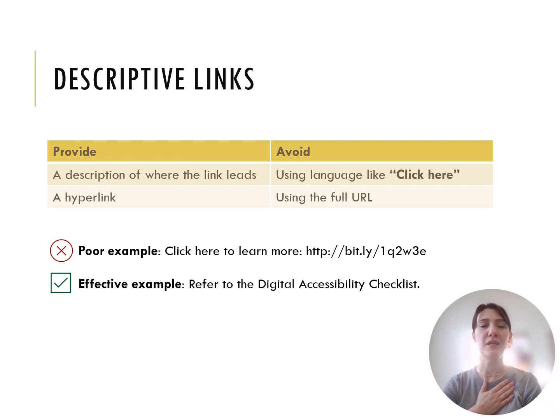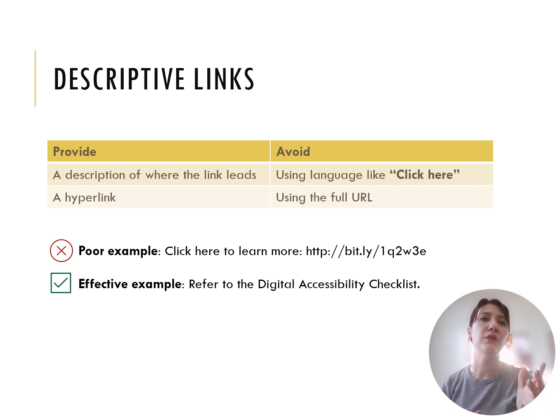So I will admit to all of you that I was a perpetrator of click here language for a long time. That also is a little bit vague, right? And especially if I have a visual impairment, it doesn't help me to know exactly where I'm clicking. So instead of using the full URL language, instead of using language like click here, we want to provide a hyperlink that tells the listener viewer what's going to happen when they click.